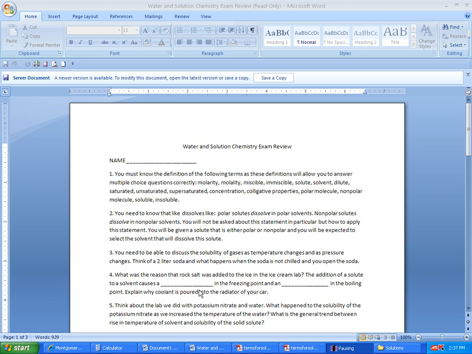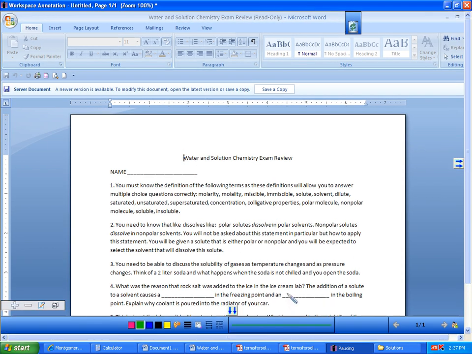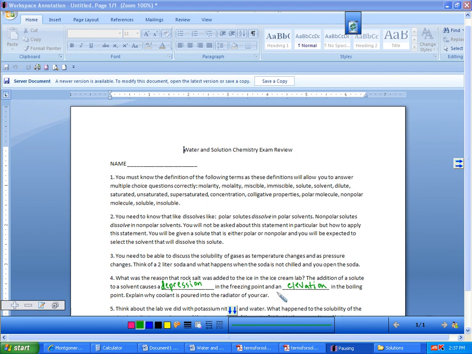So the fill in the blank says the addition of a solute to a solvent causes a depression, or decrease would work, in the freezing point and an elevation in the boiling point. And that's the reason we put coolant in the radiator of our vehicle: we want to keep the water from freezing in the winter.